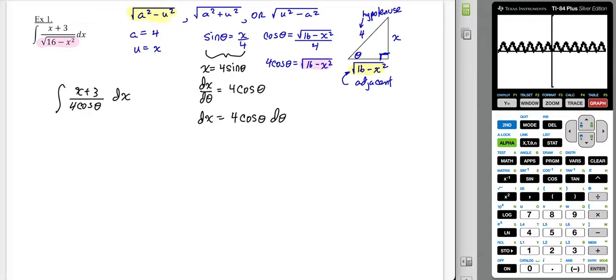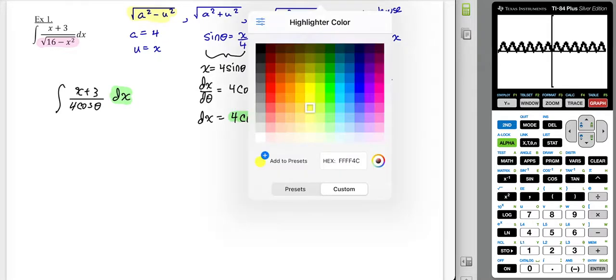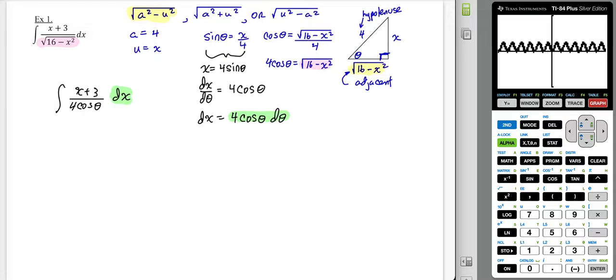Now there's other ways to do it, but this is the way I prefer to do it. If you like a different way, a slight modification, go for it. But now I can replace the dx, and I can also replace just the x itself, because x and 4 sine theta are the same.